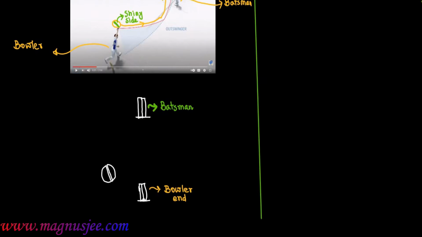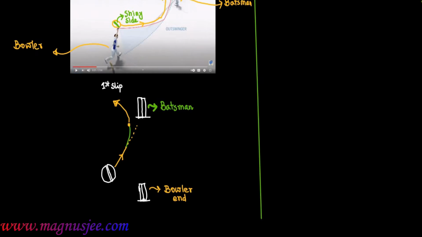The seam of the ball is placed at an angle theta towards the first slip, and it is thrown in this direction. This is the actual trajectory, and the ball will depart from the actual trajectory outwards with respect to the batsman end, and it will swing towards the first slip.